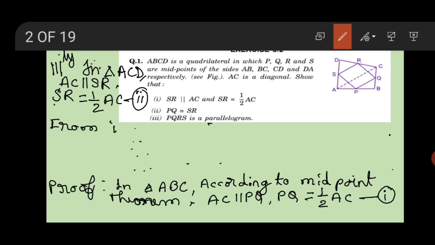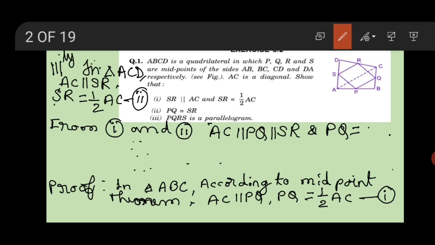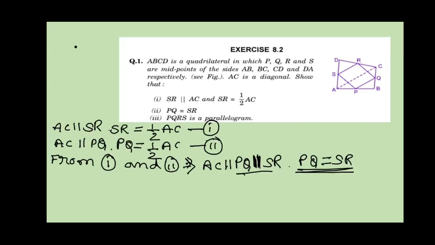From 1 and 2, what do you conclude? From equation number 1 and equation number 2, we can conclude AC is parallel to PQ as well as AC is parallel to SR. That implies PQ is parallel to SR, and also PQ is equal to SR. Do you agree?